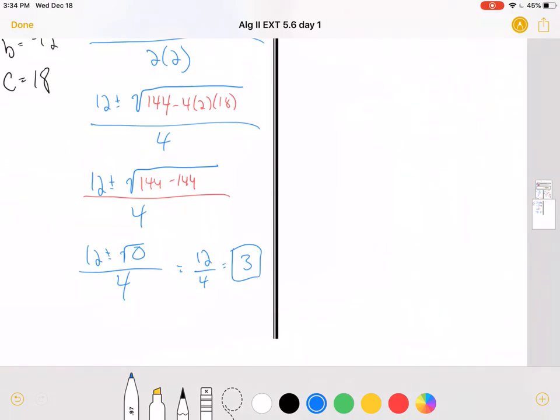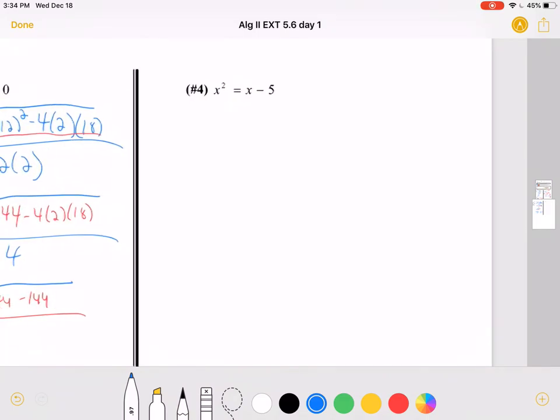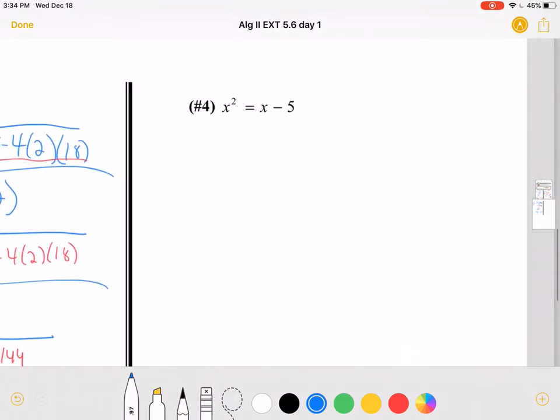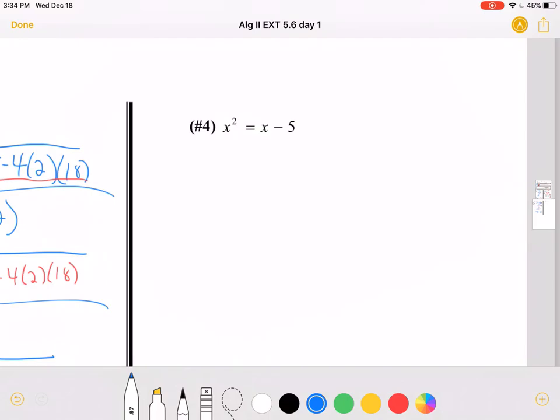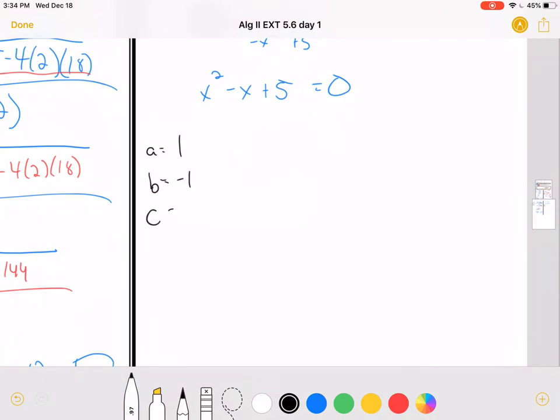Okay. Last one. Again, I encourage you to pause the video, try it yourself, and then come back and check. So again, we need to get everything on one side. I'm going to minus x, I'm going to plus 5. X squared minus x plus 5 equals 0. A value, 1. B value, got to include the sign, negative 1. C value, 5.